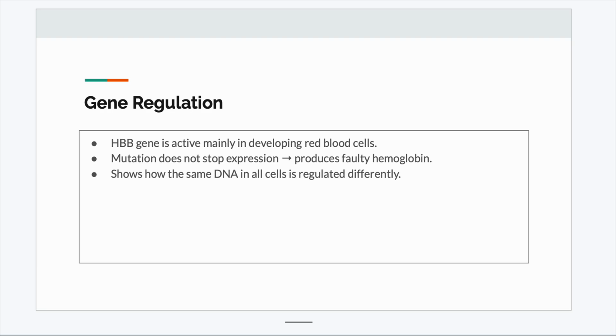In sickle cell disease, the mutation doesn't stop the gene from being expressed. The body is still making hemoglobin, but it's making the faulty version. Understanding gene regulation is also important for treatments because some therapies try to increase fetal hemoglobin, which doesn't sickle.